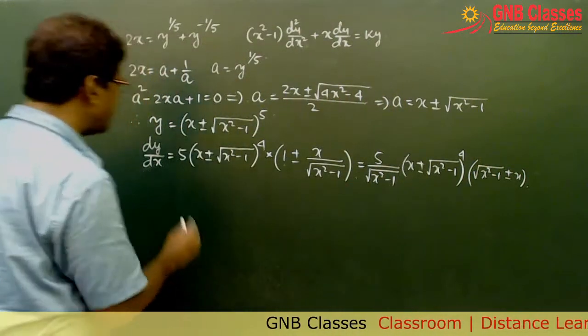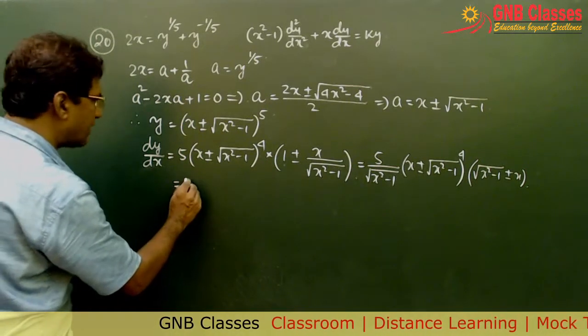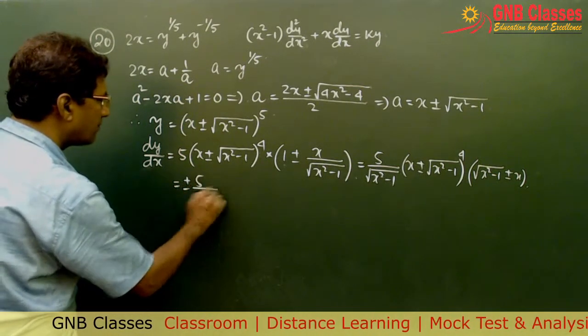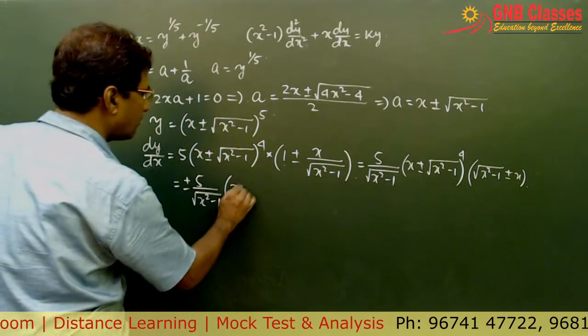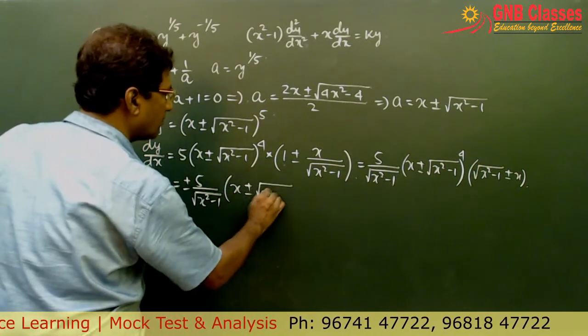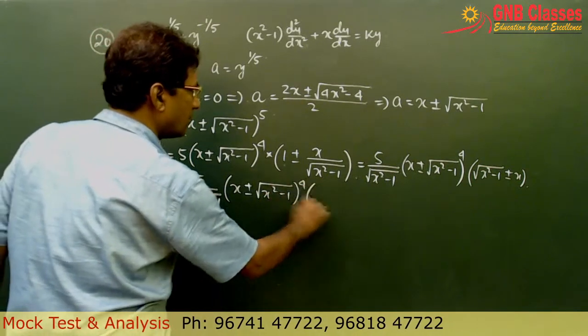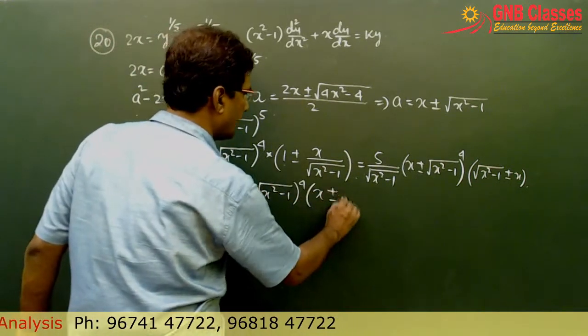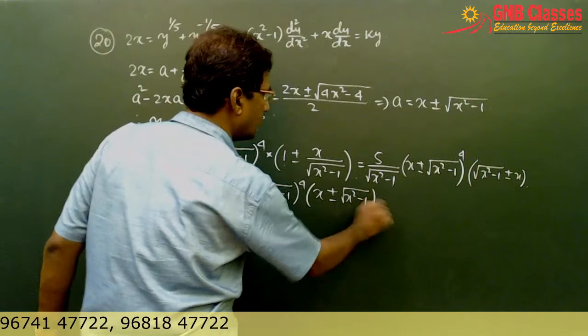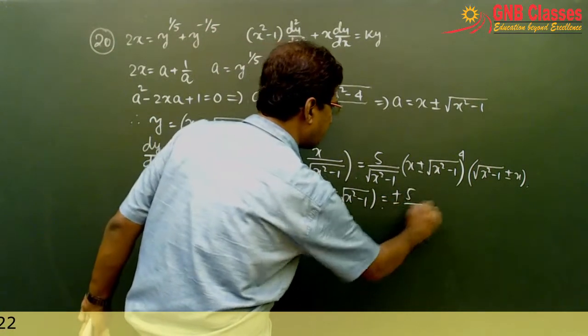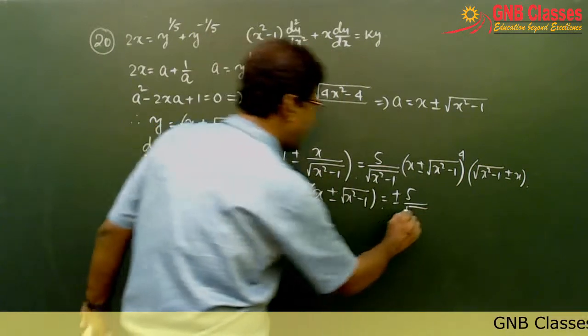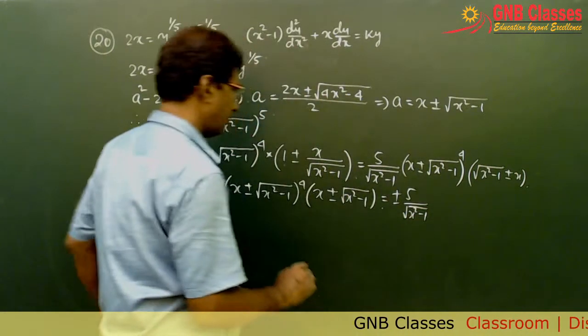Now let me take plus minus outside, so we are getting, okay, so we are getting basically plus minus 5 under root x square minus 1.